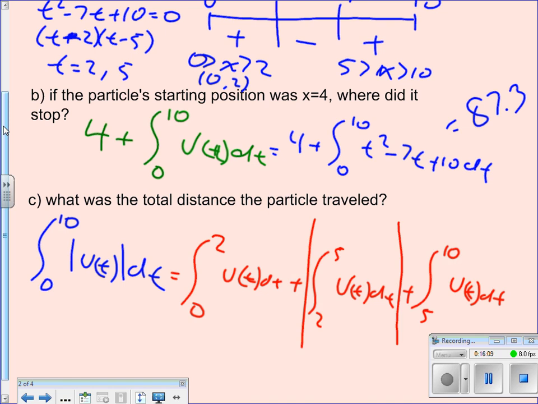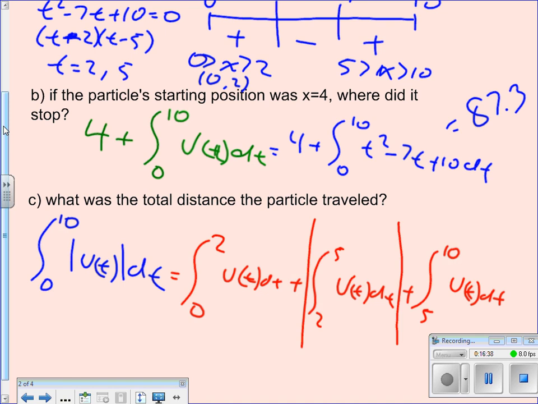You have to be careful. The one above, B and C, are not the same thing. If I'm finding the total distance, I have to deal with negative motion as well as positive motion. I have to deal with both of those. So you've got to be careful about that. That's the big thing about this.